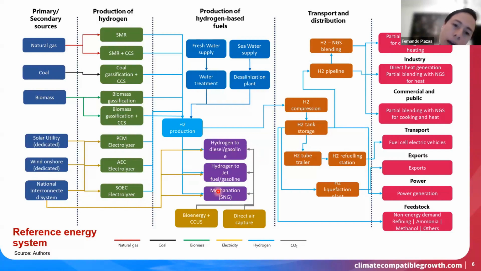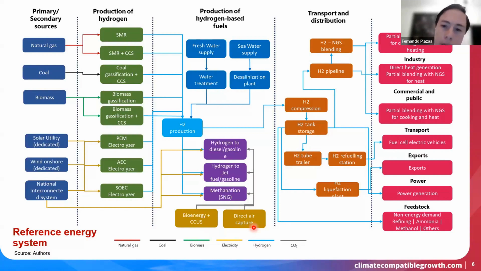Also, something that is out of scope for this training is that we can produce e-fuels or synthetic fuels using hydrogen. If we are using hydrogen and we have carbon dioxide from biomass resources or direct air capture, it's possible to reduce the level of emissions because we are accounting for negative emissions.